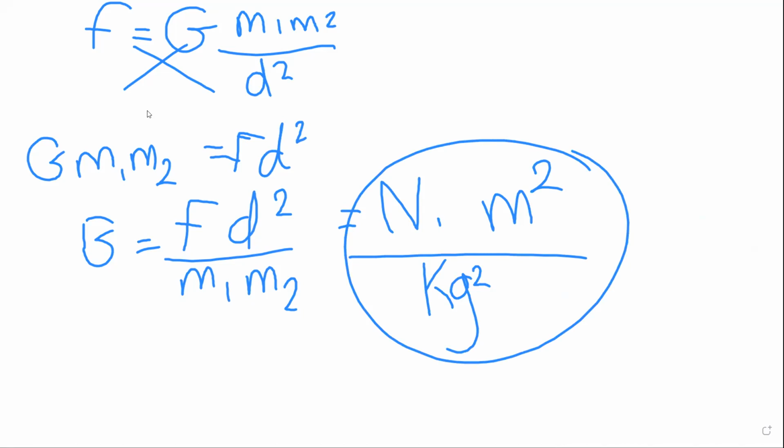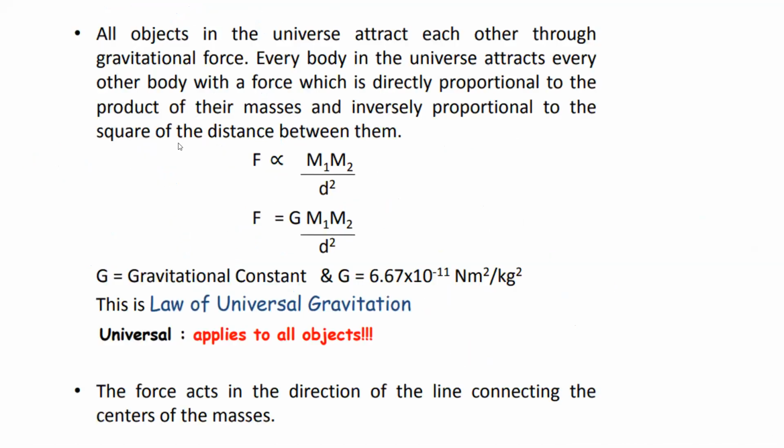Okay, teacher, thank you. So this is the formula of the law of universal gravitation. G is 6.67 times 10 to the negative 11. The unit of the force is Newton, the mass must be in kilogram, and the distance must be in meter. If it is in centimeter, you have to convert it to meter.